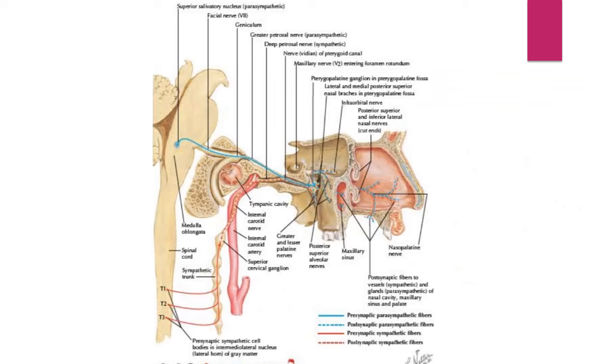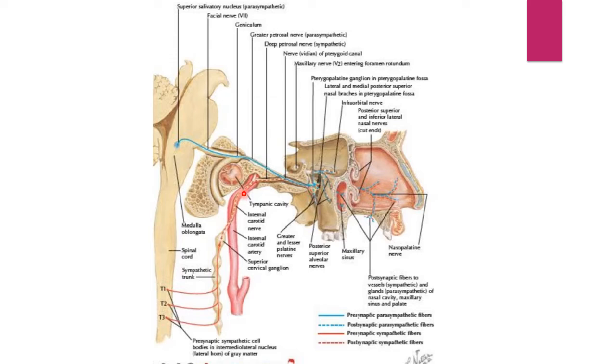So this diagram shows the connections of the pterygopalatine ganglion: how the parasympathetic fibers from the parasympathetic nucleus, or lacrimatory nucleus, join the facial nerve, and then the facial nerve runs in the facial canal. At the level of the geniculate ganglion, the greater petrosal nerve arises and then passes in the pterygoid canal.